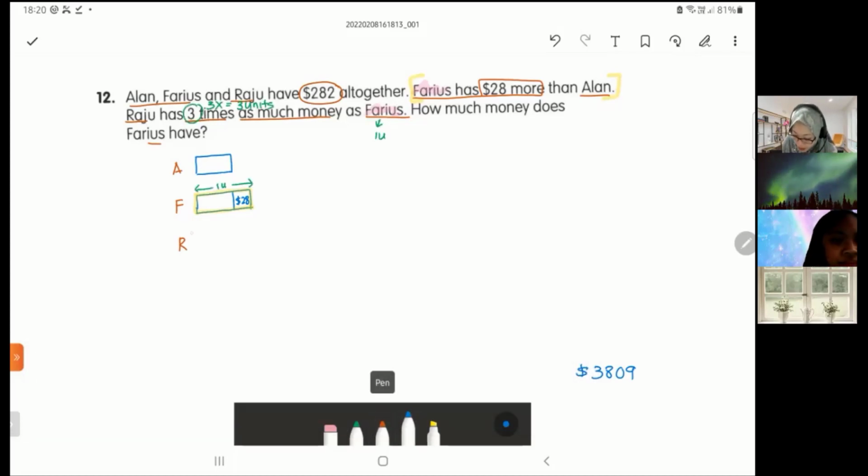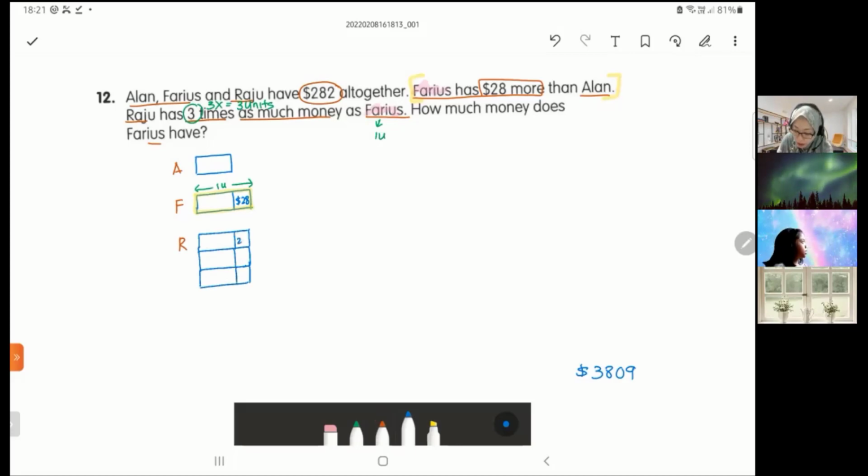Okay, so Raju will be 1 unit, 2 units, 3 units. Can you see I'm doing stack model also? Right, here will be 28, 28, 28.